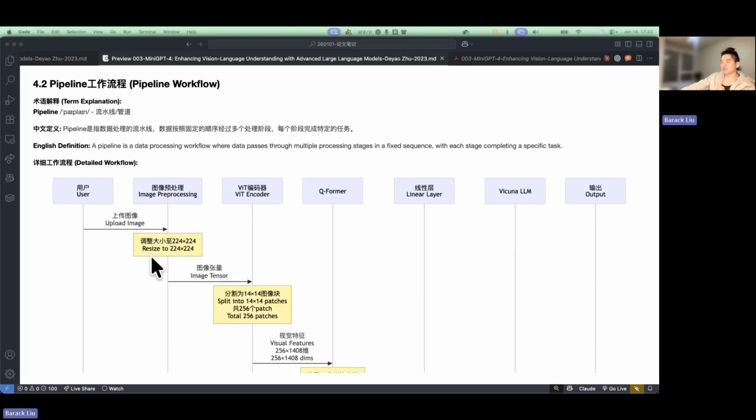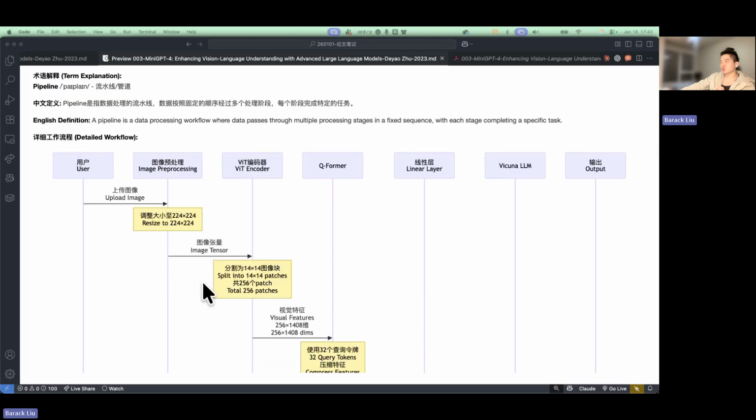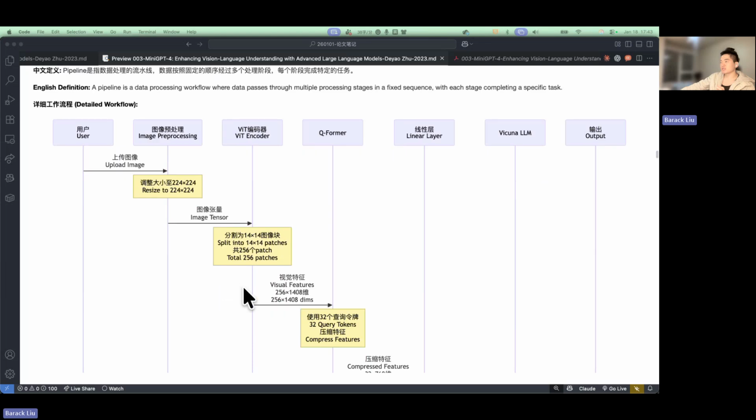So image processing will resize it to 224 by 224, and then send it to image tensor, split into 14 by 14 patches, then send to QFormer.